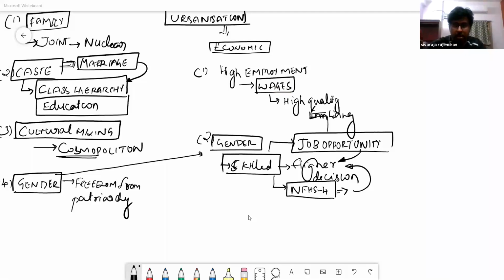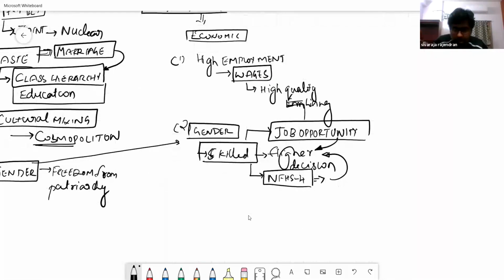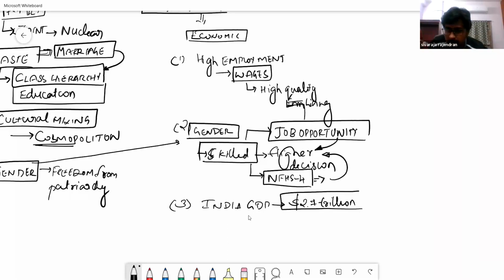Yeah. Third point, think about India's GDP, okay, India's GDP, look at the impact of higher urbanization. India's GDP is around $2.7 trillion. Okay, 2.7 trillion dollars is India's GDP, and it is said that 60 to 70% of this GDP is from urban area.